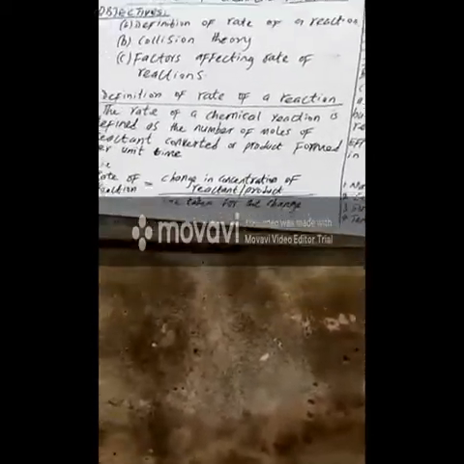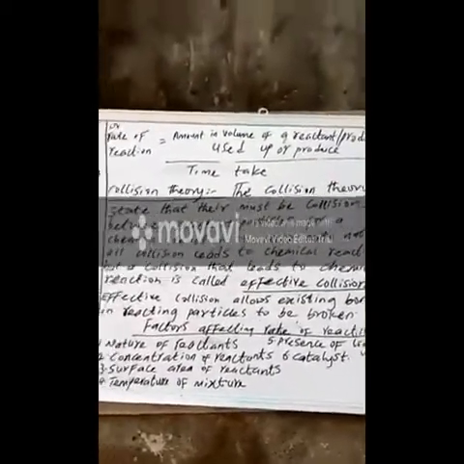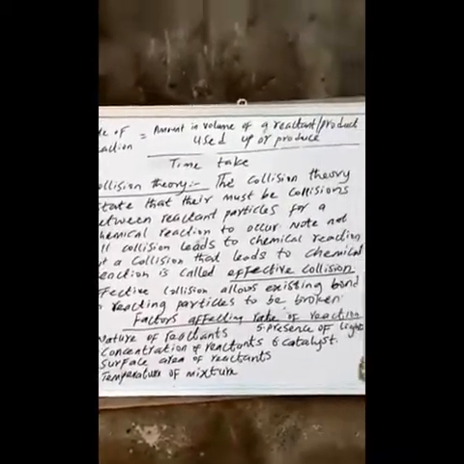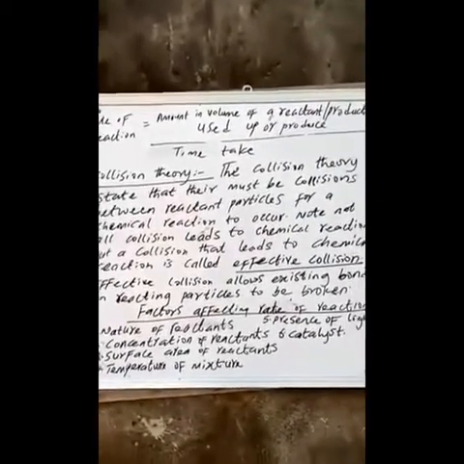Now, there are cases when we are dealing with substances that are gaseous, then we cannot talk about concentration, but rather we talk about the amount in volume of the reactant that is used up over the time taken, or the amount in volume of the product that is formed over time taken.